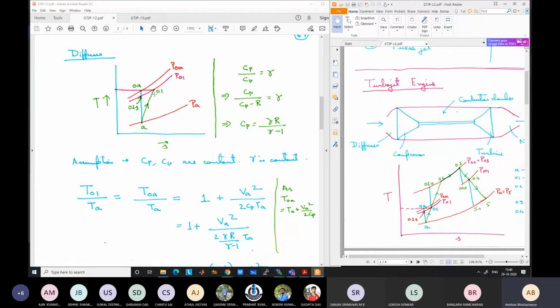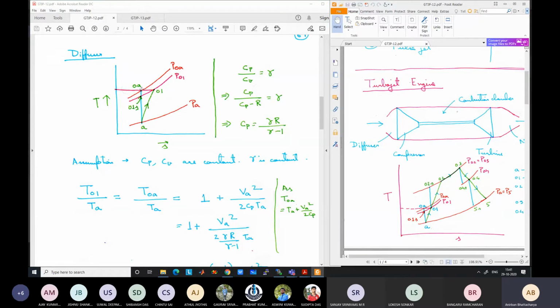So what happens in the diffuser, we have discussed in the previous class in detail, is that there are frictional losses in the diffuser. Stagnation temperature cannot decrease because the frictional losses will manifest as temperature itself.